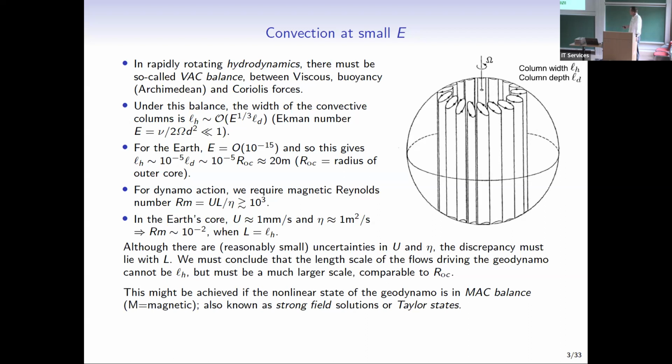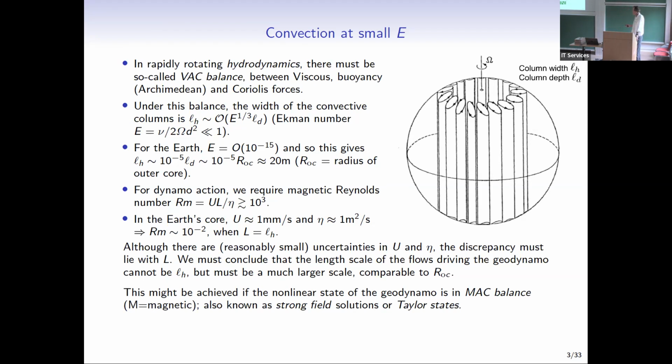So to get this number bigger than 10 to the minus 2, you can't do much about U, which is known, more or less, or at least estimated. L is definitely known. Sorry, eta is known, more or less. L is not known. L is the scale of the convection. And so that's the thing that you've got to change if you want to get this number bigger.